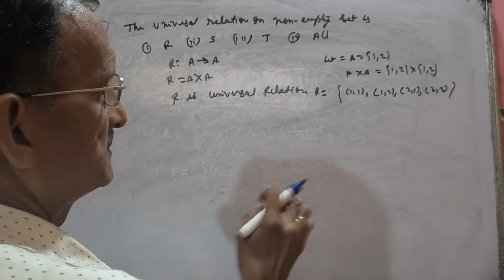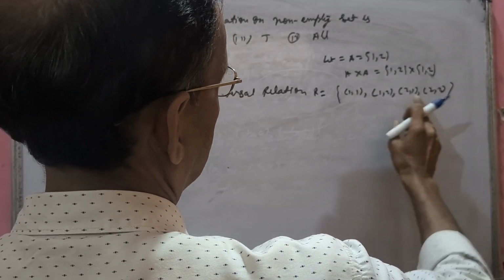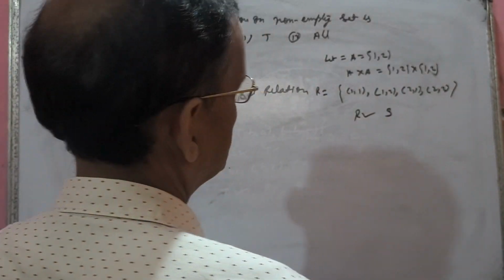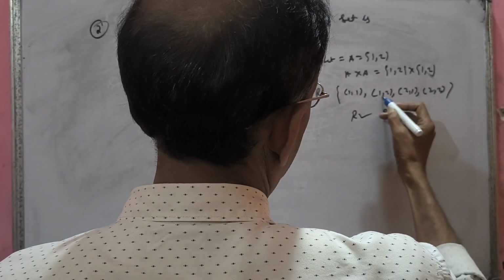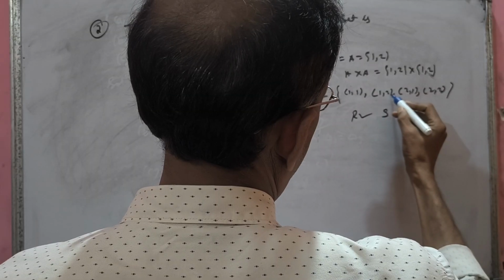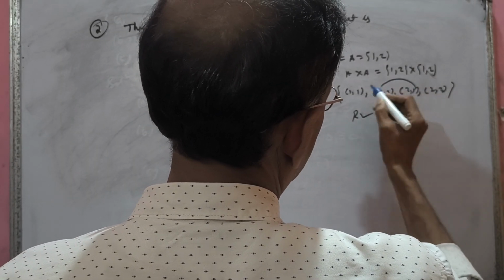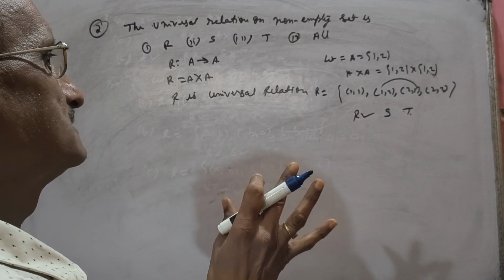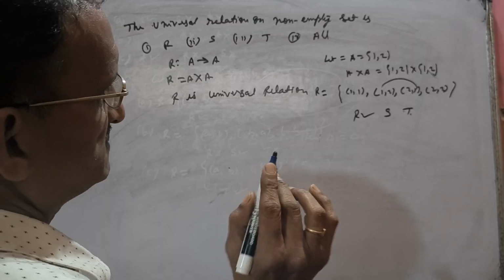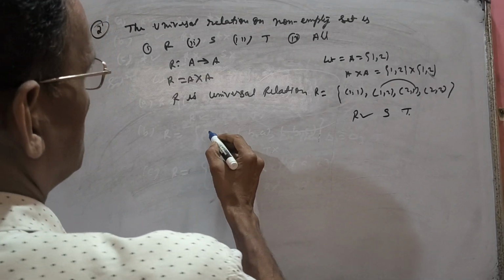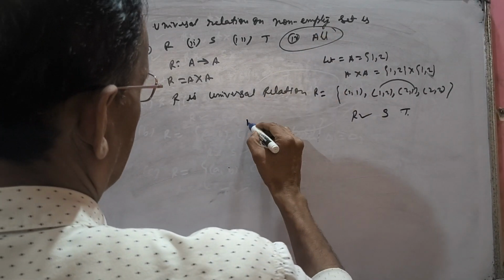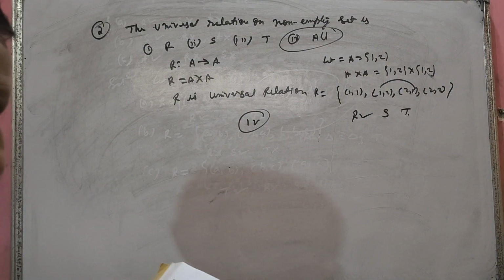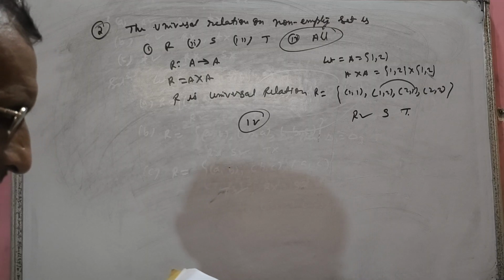So (1, 1) is here, (2, 2) here, it is reflexive. (1, 2) here, (2, 1) here, it is symmetric. Now (1, 2) here, (2, 1) here, then (1, 1) is here, it is transitive. So the universal relation will be reflexive, symmetric, and transitive, so number 4 is the answer. Understood?